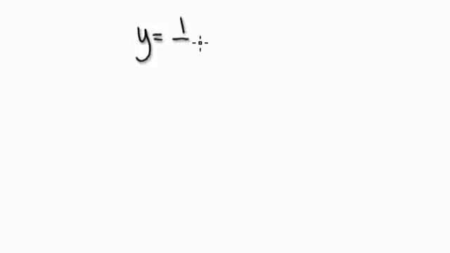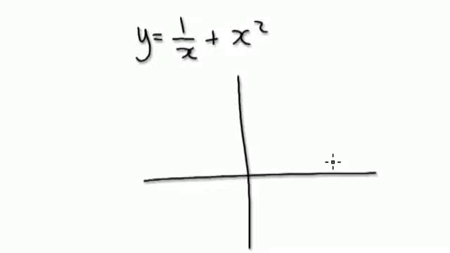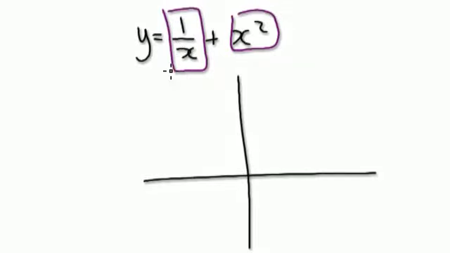Let's start again. So y equals 1 over x plus x squared. When x is small, this term here is very important. This here, we can pretty much forget about it. So when x is small, the graph will want to follow this personality, if you like. So it wants to do this.